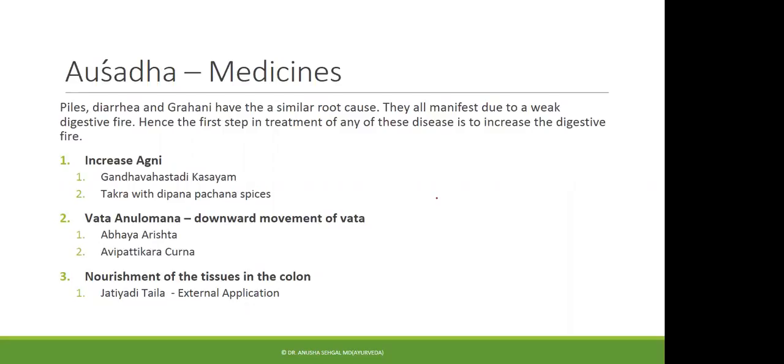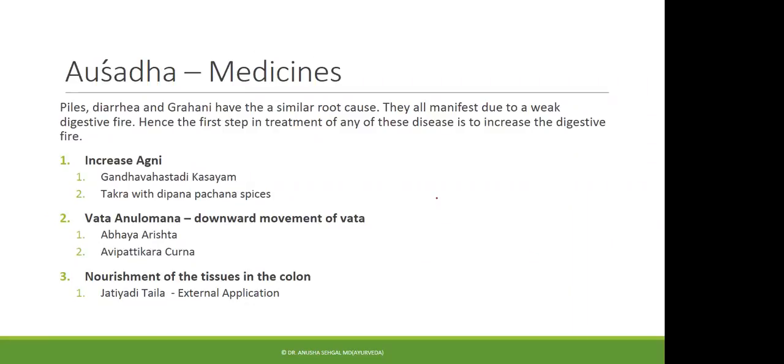And just after this, I have the combination. I'll explain that in a second. After all of this has happened, after you have increased the Agni and caused Vata Anulomana, once the Vata starts to move out in an appropriate, free manner, it will naturally help the tissues to regain their natural structure.